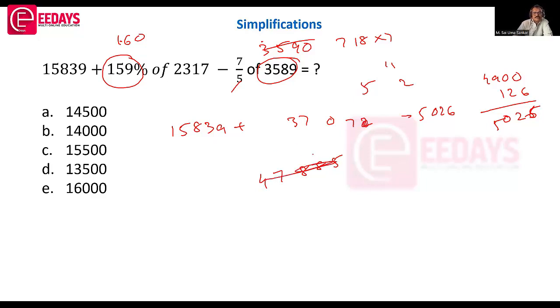This is 370, not plus 2. Okay. So what happened? This is 15, 839.